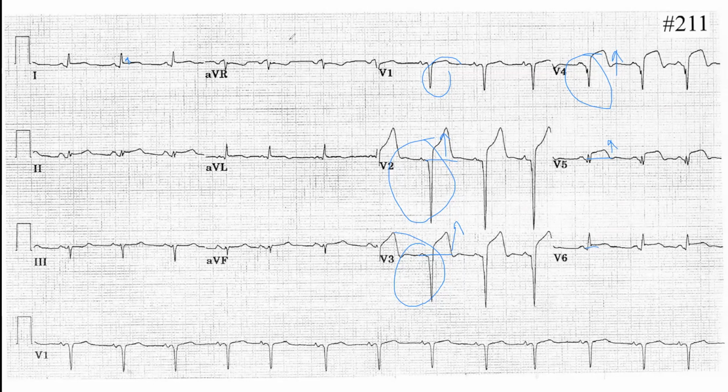What kind of MI? Where is the location of the MI? Acute. Yes, that's acute, but what is the location? It's on the anterior side. Anteroseptal or anterolateral, because V5 you can see it.